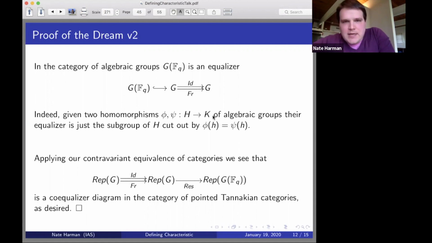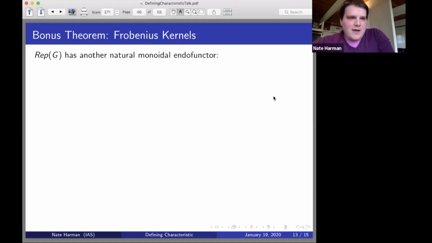All right, I've got a bit more material, bonus extra stuff. I'm going to tell you about Frobenius kernels and how they fit into this picture. Let's go back to my original setup where I have a nice simply connected semisimple algebraic group for the moment. Well, what I'm about to say doesn't matter.